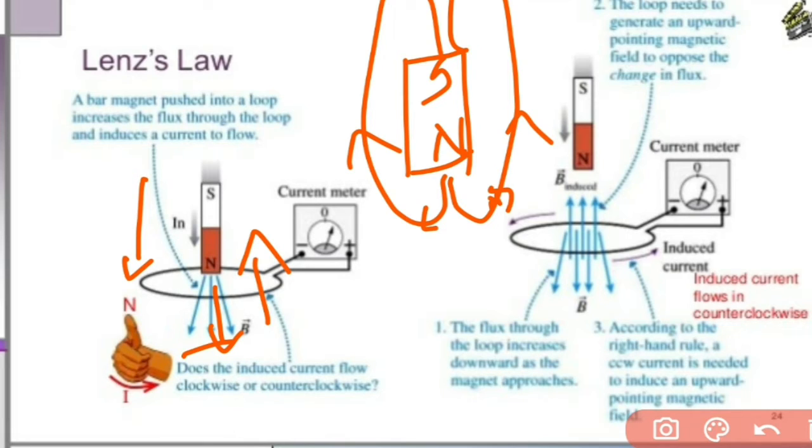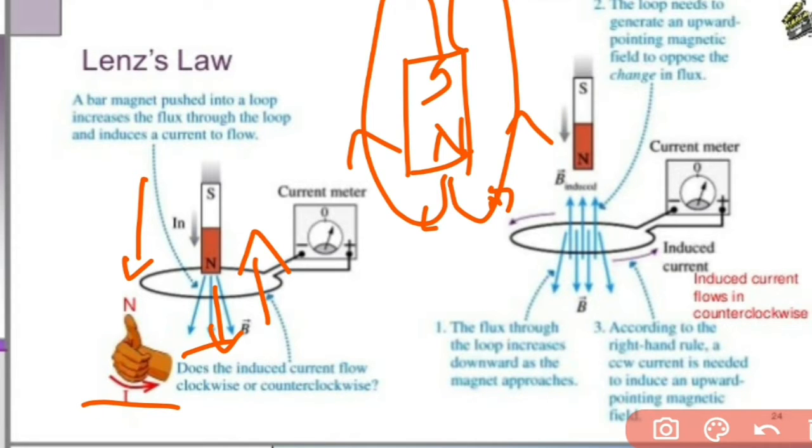Now, to find the direction of induced current, we will use the right hand rule. Here we need the magnetic field due to induced current in the upward direction.